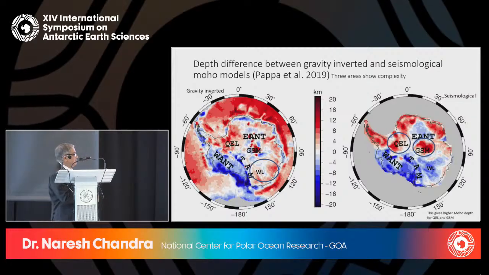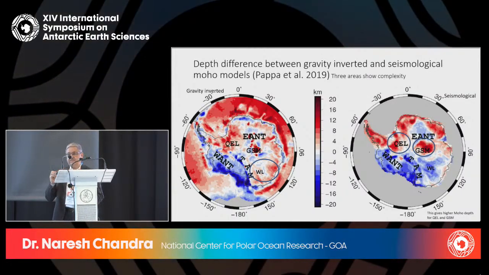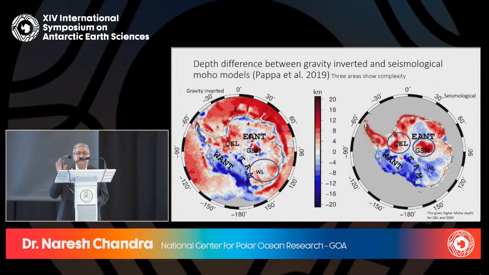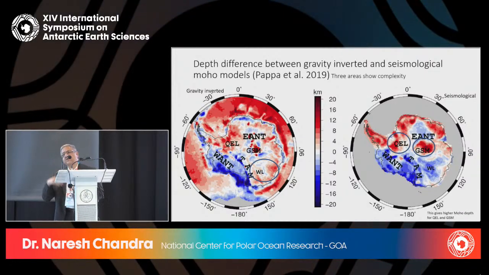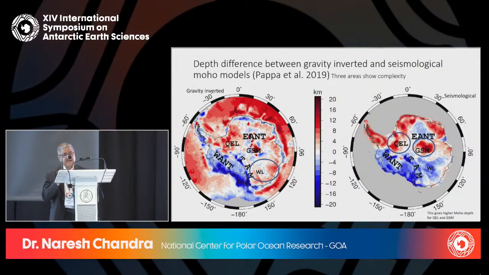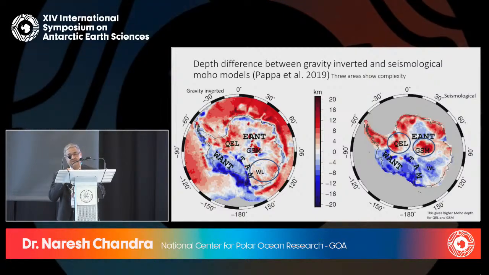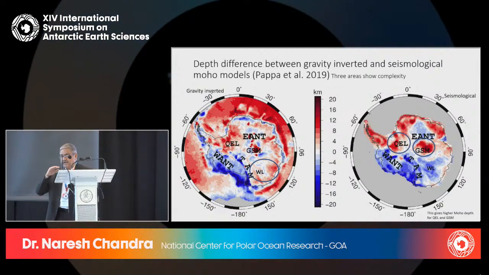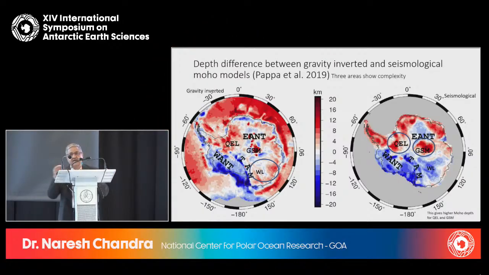Now, the kind of information available to us beneath the ice is indirect. One can have gravity, magnetic, or some other kind of input. But this data doesn't show that the heterogeneities can be correlated from one to the other.